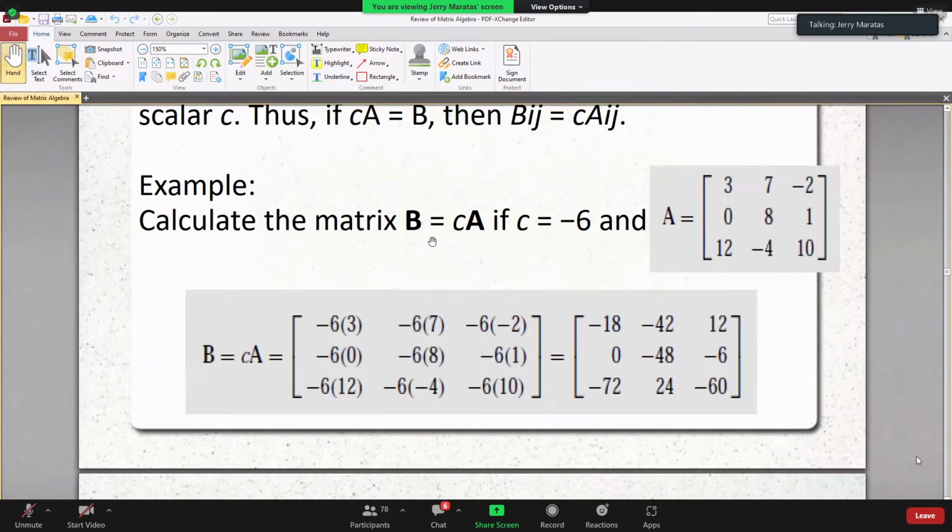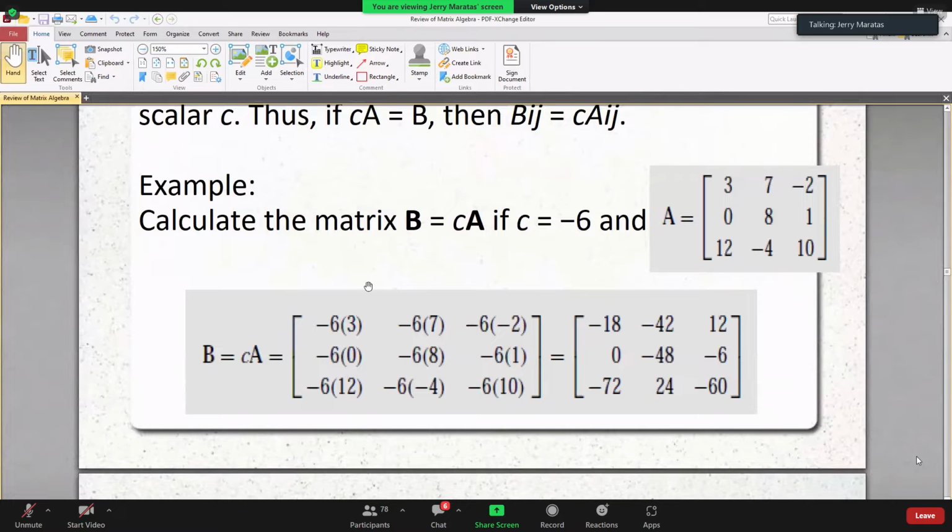In this problem, we are required to compute the result, and that is matrix B, if we multiply matrix A by scalar value C, and C assuming is -6, and this is matrix A. What's the size of matrix A? It's 3 by 3. Okay, it's a square matrix, and the value of the constant is -6. All we have to do is simply multiply each element of matrix A by the constant.